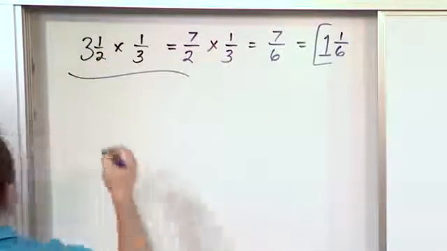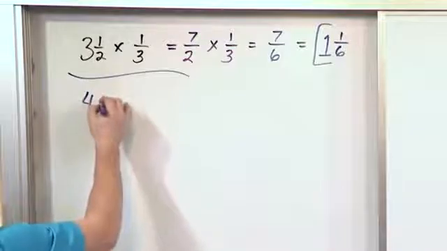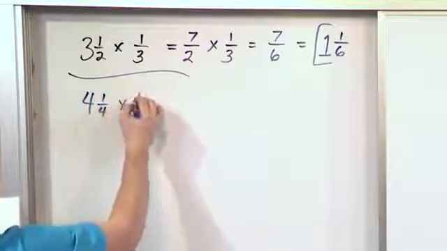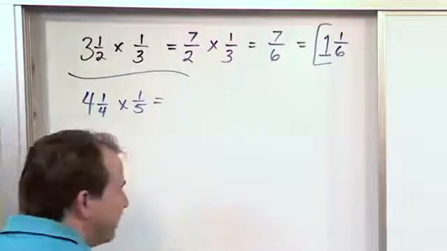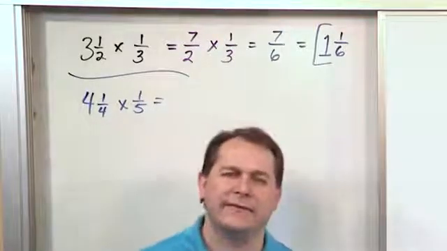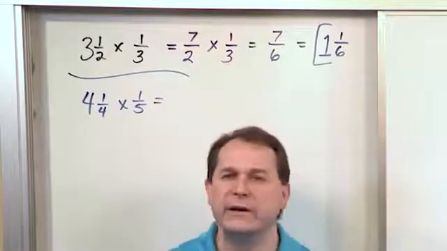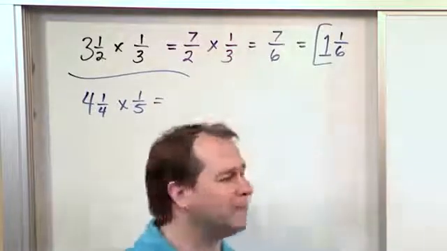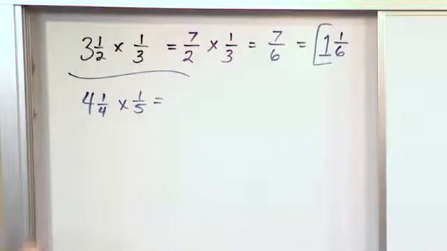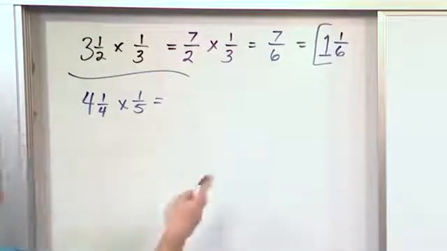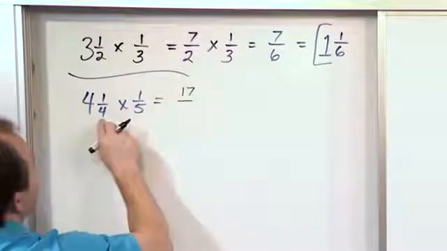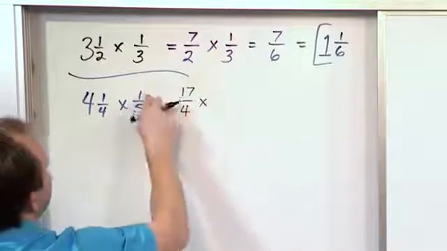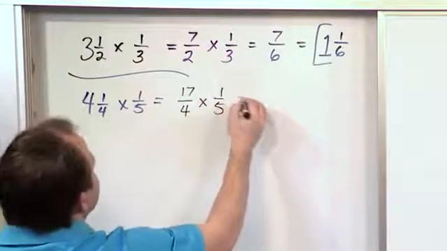So I hope you see now that when we're given mixed numbers like 4 1/4 times 1/5, really we're not doing much different. A lot of times students, when they learn math, see so many different rules, but really it's not any new rules. All I'm telling you to do is change this into an improper fraction, and then you multiply as usual. 4 times 4 is 16, plus 1, 17, you write it over 4, and you multiply by 1/5, same as we always have.